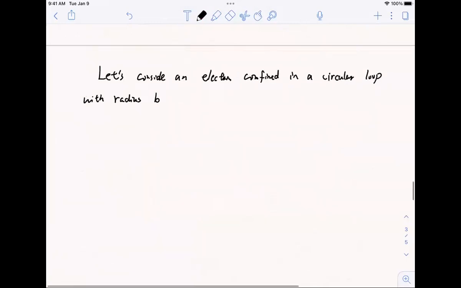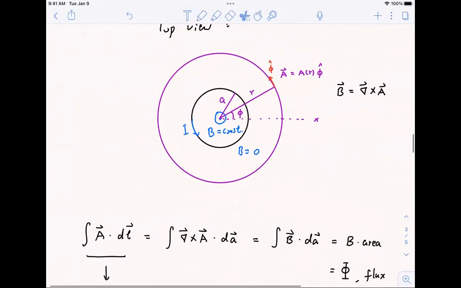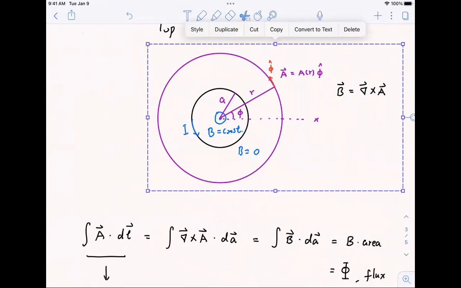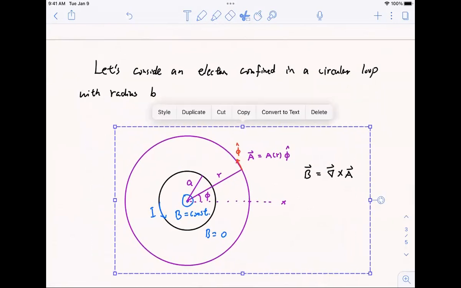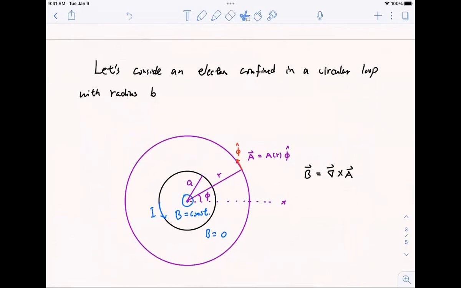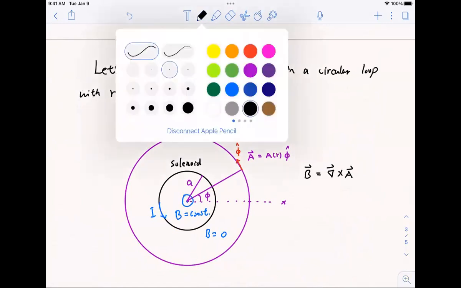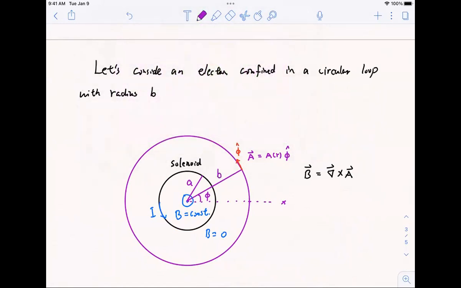Okay, so let's go back to this, copy the solenoid. Okay, so this is the solenoid. So now let's say this is b.